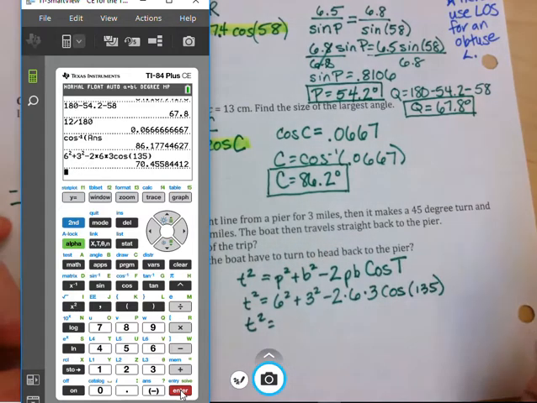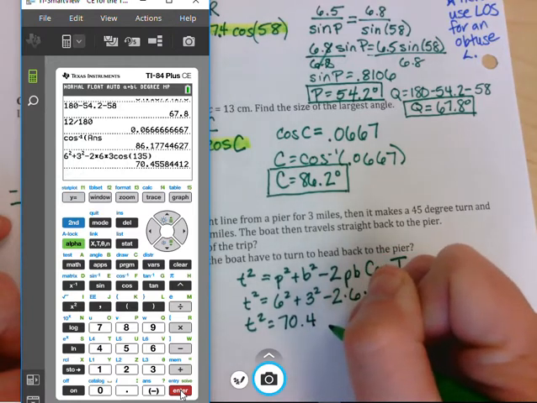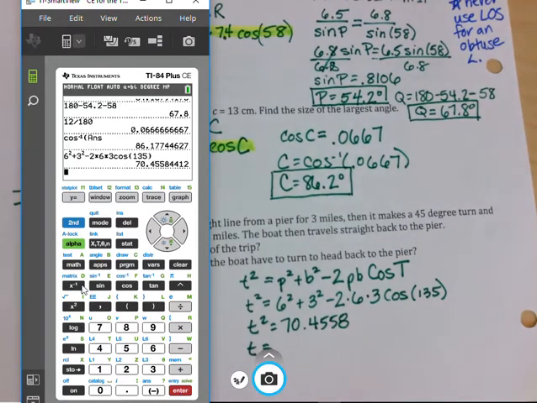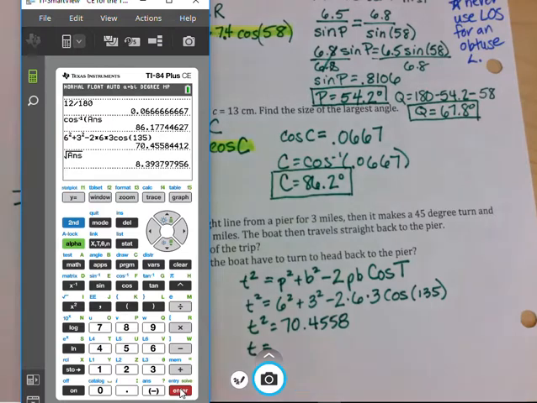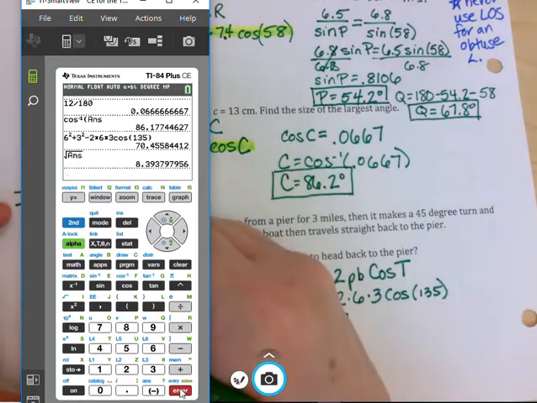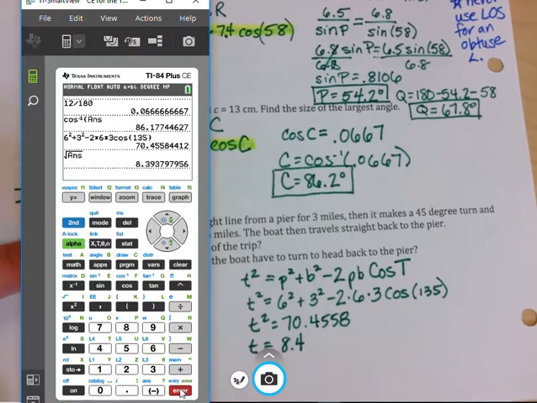Actually, I'm going to put more decimal places down since I have to square root it. 70.4558. And then square root that. 8.4. Okay, so question A is how long is the last leg of the trip?